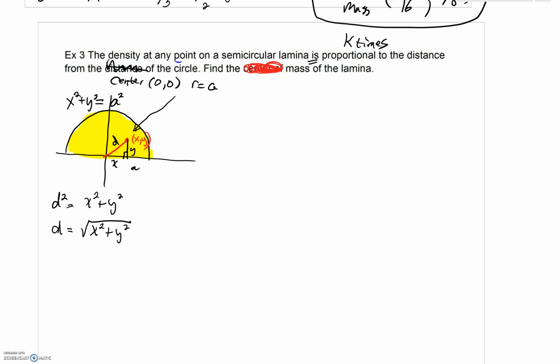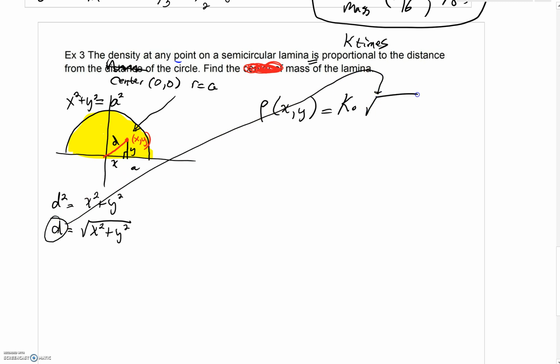So the density, if we look at rho right here, we've got x comma y. It's proportional, so there's k times that distance. Well, what is that distance? That distance is going to be radical x squared plus y squared. So we're only going to find the mass of this lamina, and that's going to shorten up our problem a little bit.